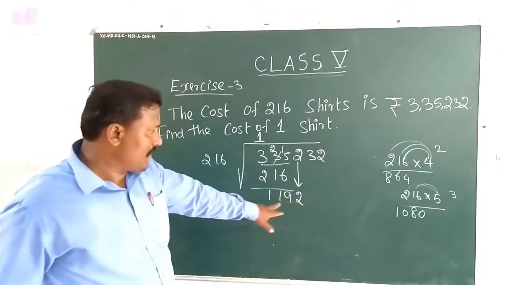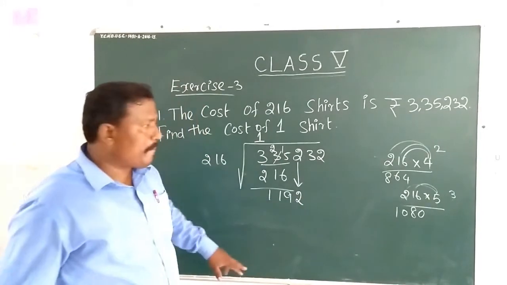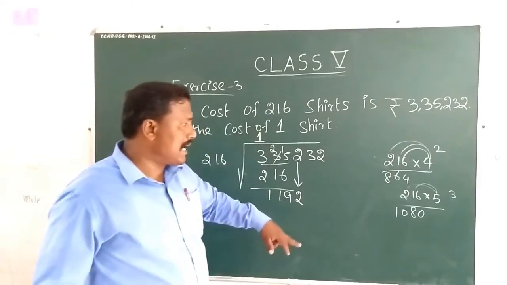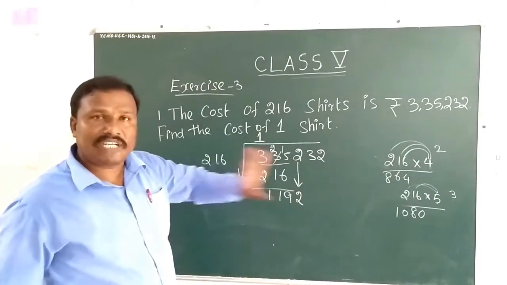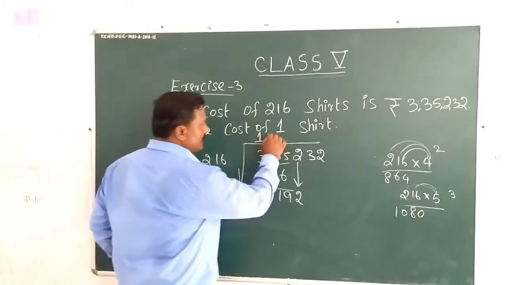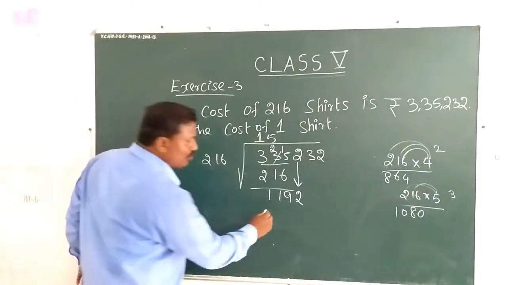If you see, it's nearly 1000. So 5 times we can multiply. If you multiply 6 times, it will go to 1200, so I will multiply by only 5 times. 5 into 216 you will get 1080.